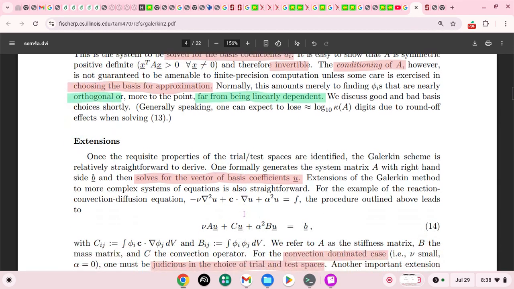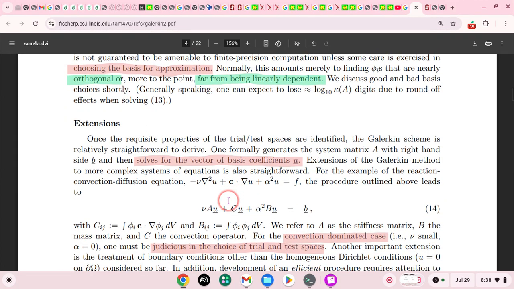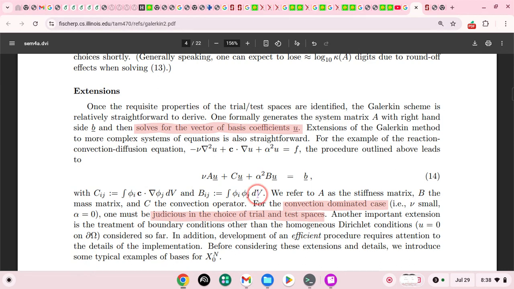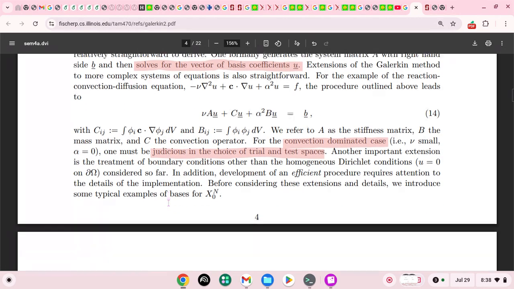It can also be applied to convection diffusion equations. This is a convection operator. Substituting that, we get this formulation, equation 14, and this will give matrices like the stiffness matrix, which is the terminology we will be using in finite element analysis.